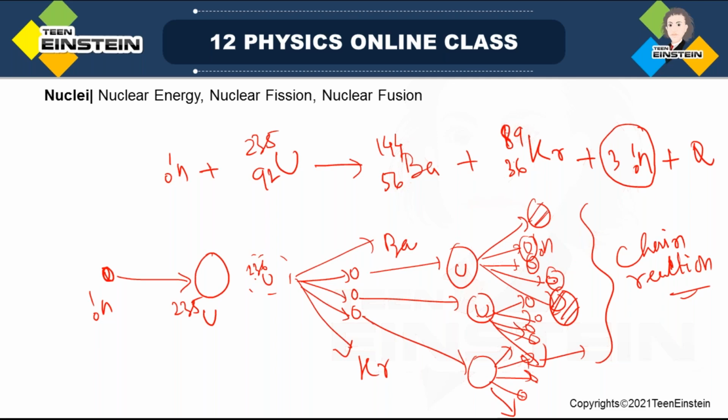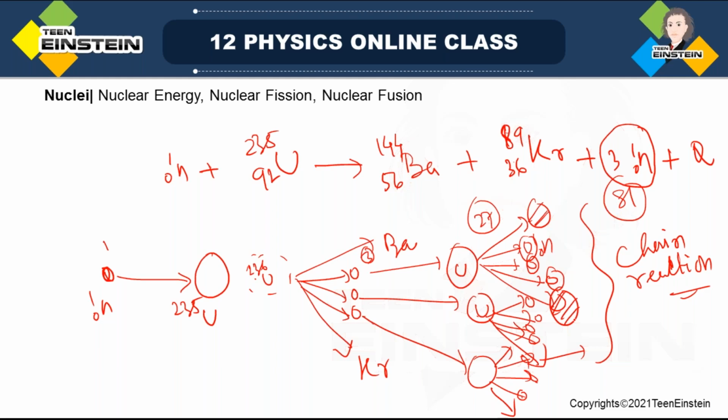Some of the neutrons are absorbed in a controlled fission reaction, but in an uncontrolled fission reaction, at every place, suppose you have one neutron here, then it becomes 3, then 9, then 27, then 81. The number of neutrons increases in every step, and this is how a chain reaction happens.